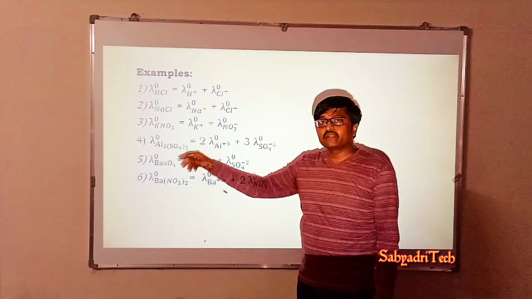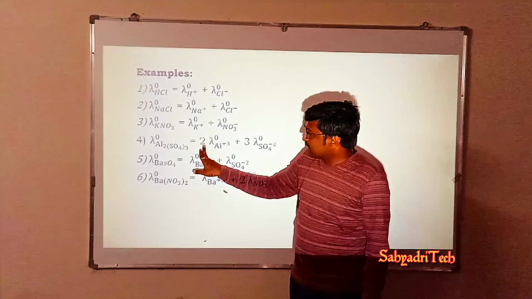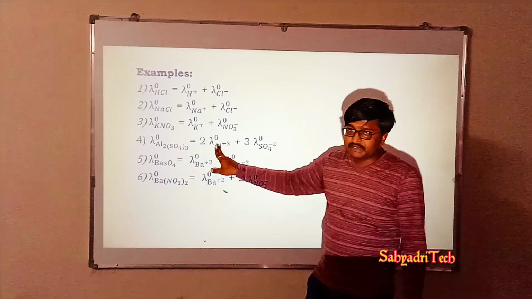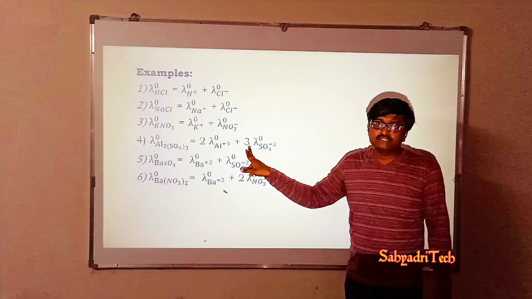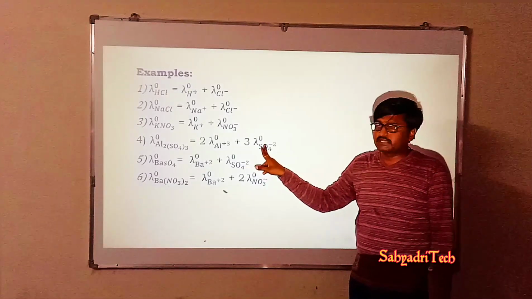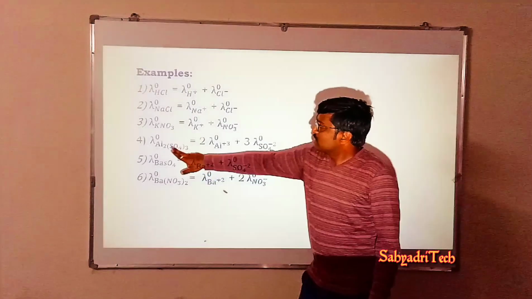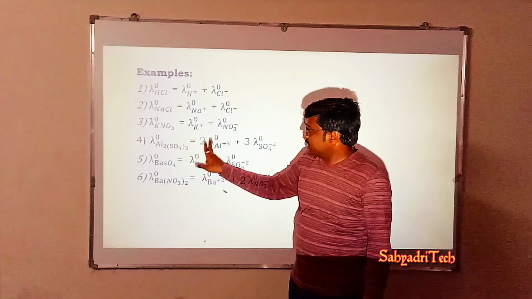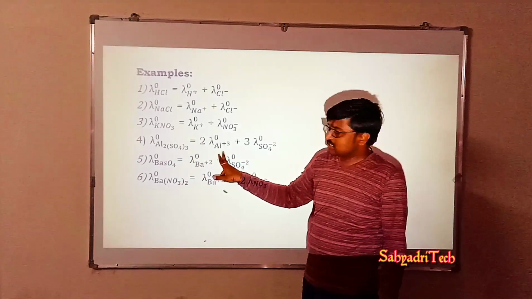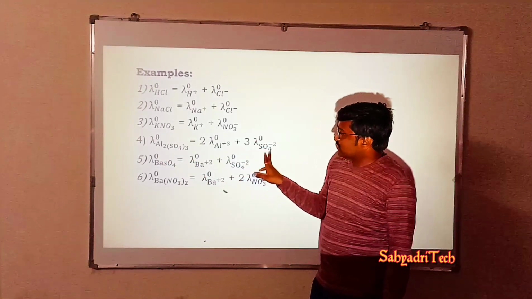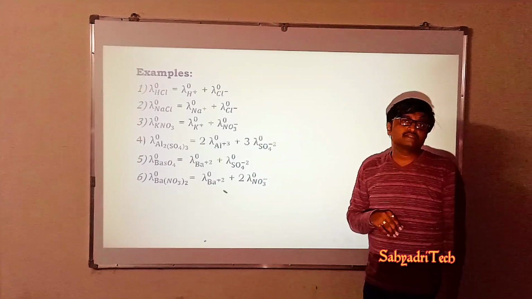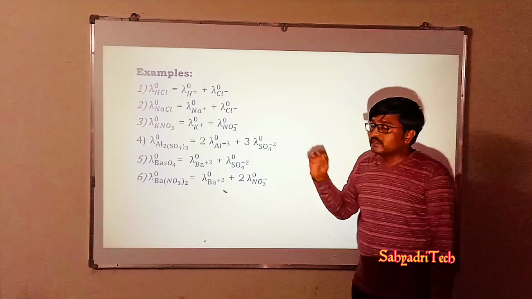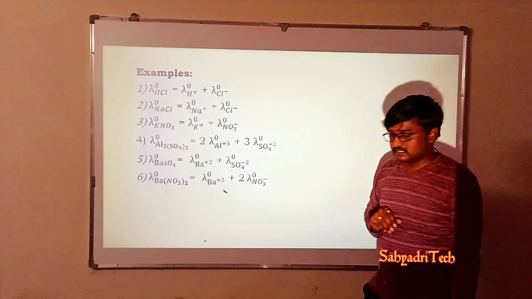So according to Kohlrausch's law, number of cations into its limiting molar conductivity plus number of anions into its limiting molar conductivity. So 2 into lambda naught of Al3+ plus 3 into lambda naught of SO4 2-. So these are a few examples written in accordance with Kohlrausch's law.